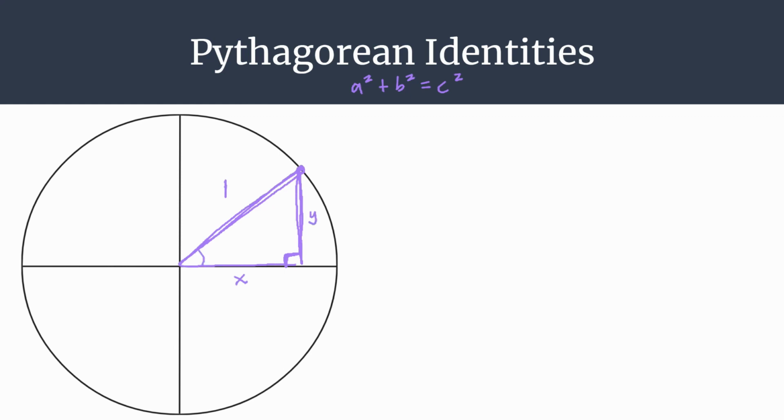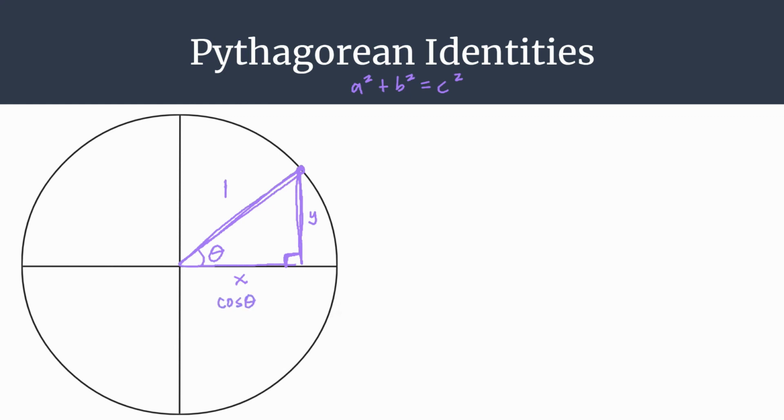But we also know when considering this angle, the central angle, we've found with our basic trigonometry that the x coordinate for a unit circle angle is also going to be the cosine of that angle. So we can label that here cosine of theta.